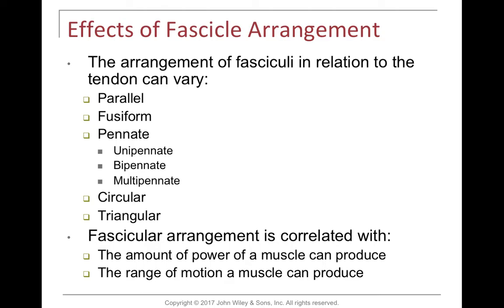The muscle fibers are arranged in a parallel fashion within each bundle, but the actual individual fasciculi with respect to the tendon can take either of those patterns. The fascicular arrangement will be correlated with the power of the muscle and with the range of motion.